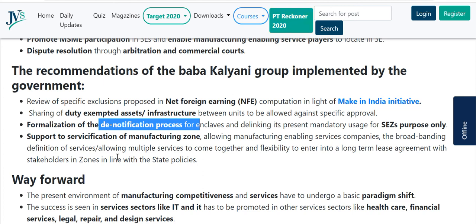So such manufacturing sectors and service sectors should be brought under one SEZ, and the government has approved of it. Multiple services to come together, and there should be flexibility in a long-term agreement with stakeholders in the zones in line with state policies.